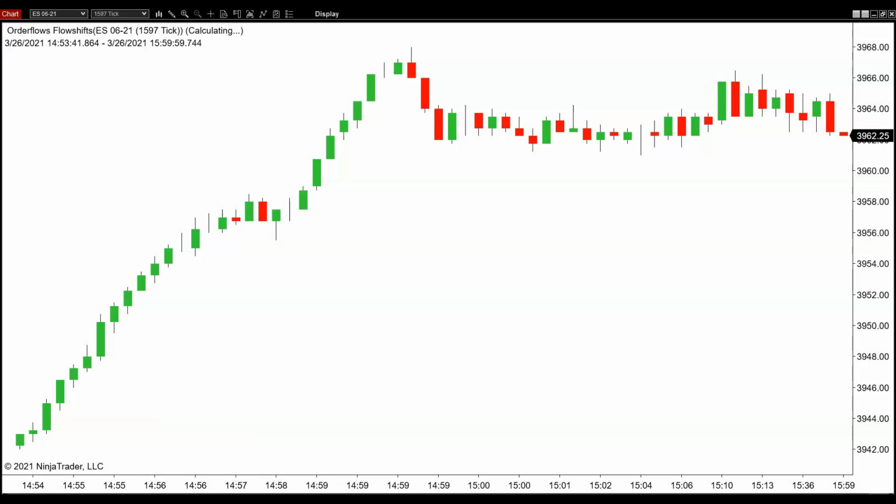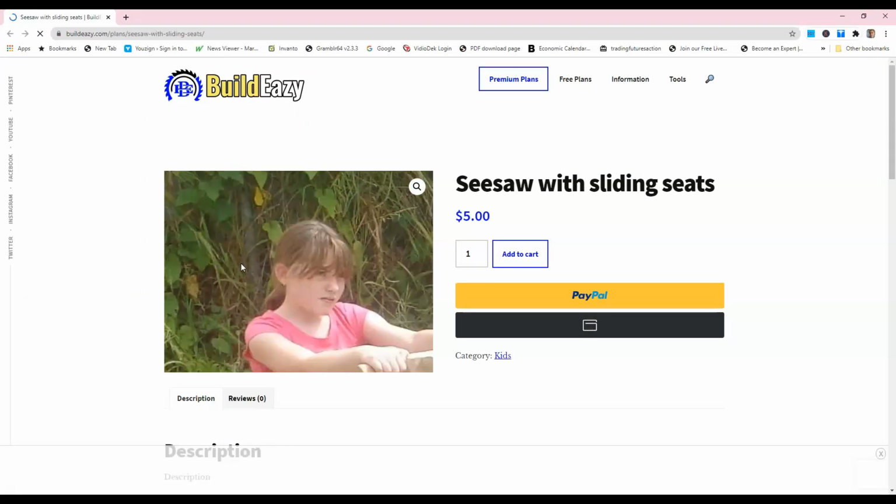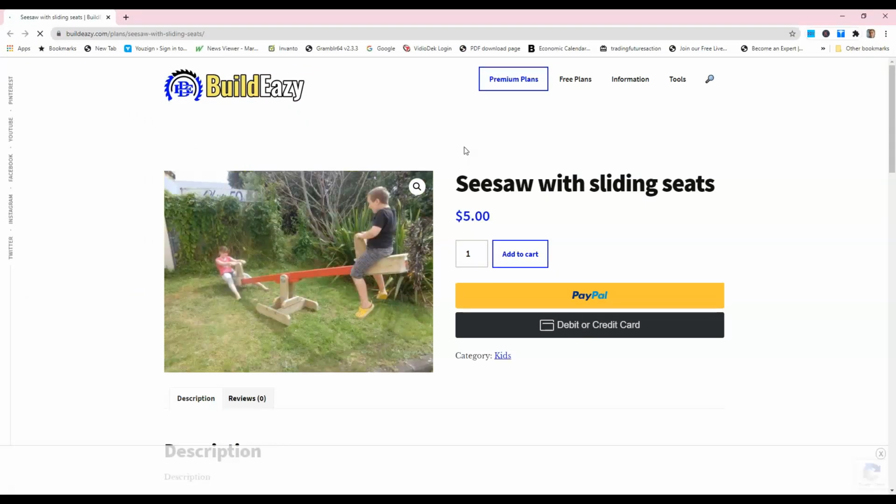Imagine a seesaw. We all know what a seesaw is. Get a picture here. Okay, you know a seesaw, right? People are balanced on a seesaw. Simple. Here, 2 kids on a seesaw.